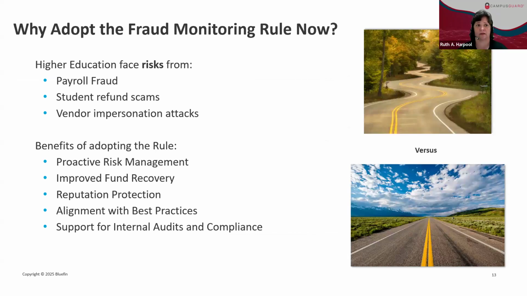From the risk perspective, you face risks from payroll fraud, student refund scams, and vendor impersonation attacks. Many of your institutions have already suffered from payroll fraud attacks this year and last year. I've heard a lot more chatter this year from the institutions I'm in touch with about payroll fraud, where you have a system, the employees have to log in, maybe they even have to authenticate with a Duo or some other token in order to change their bank account information.